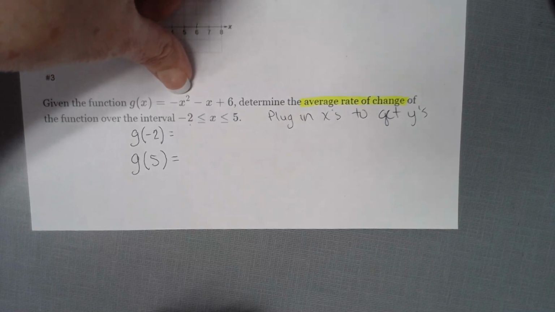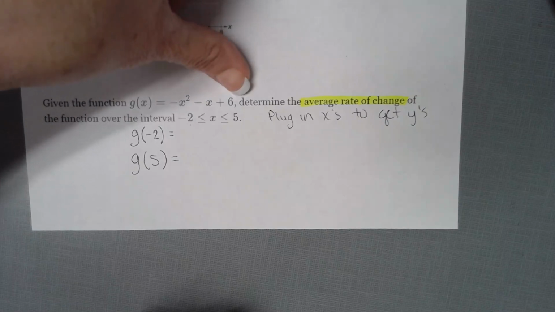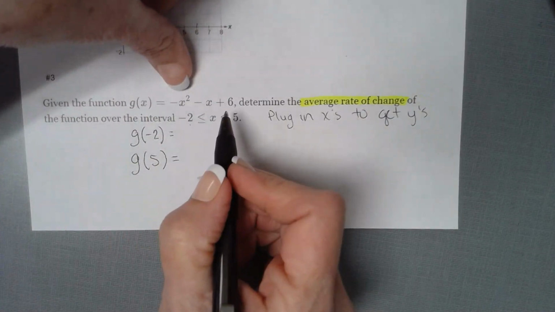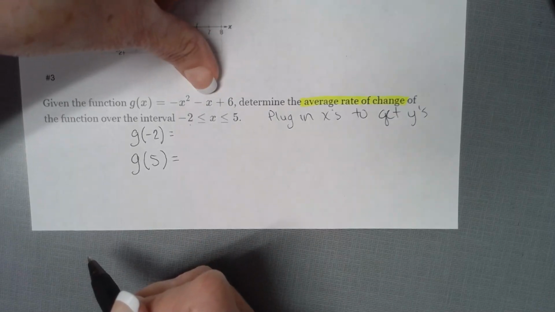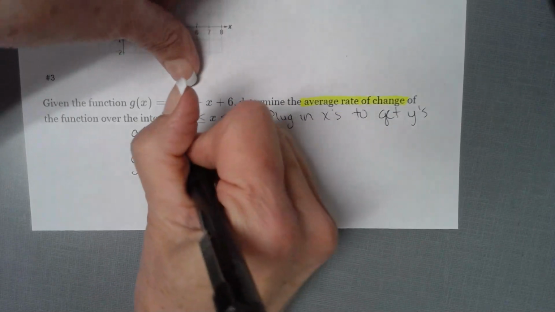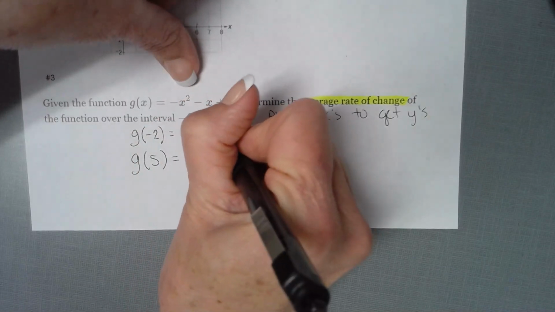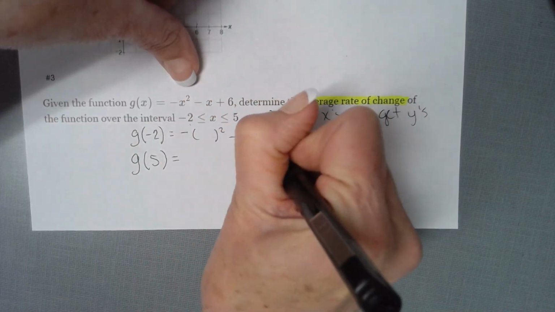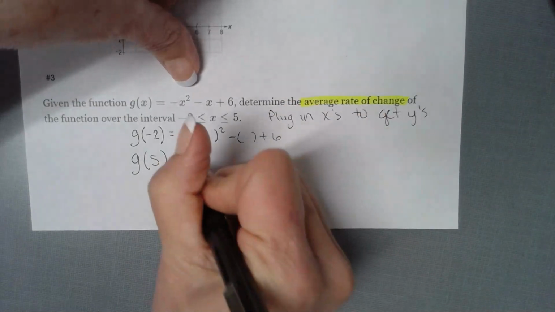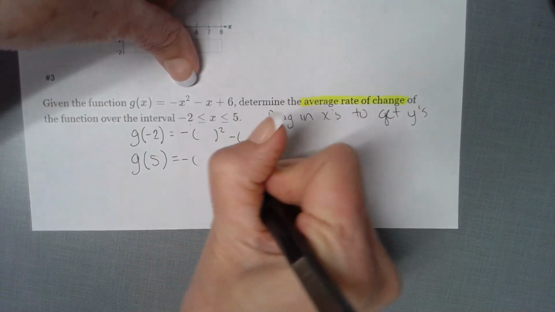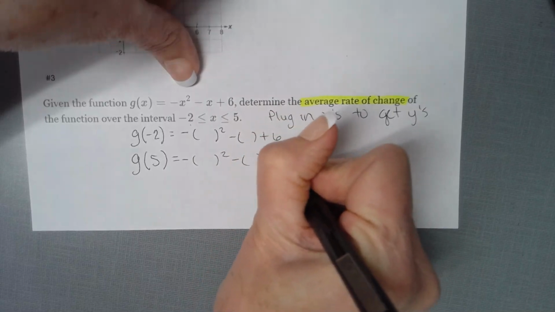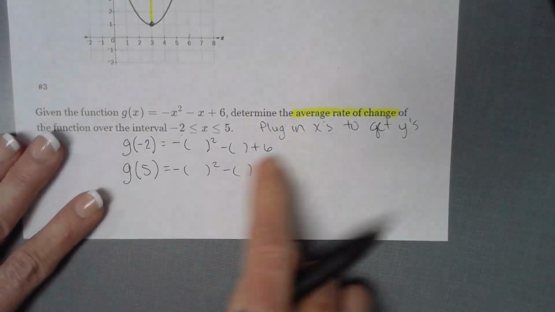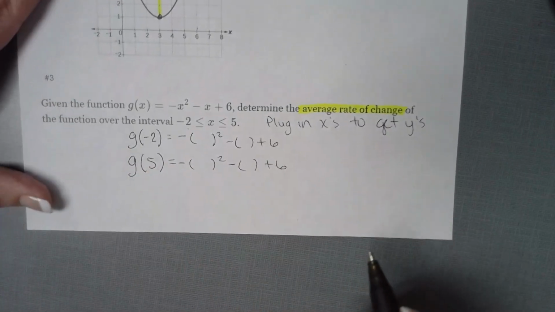Negative blank squared minus blank plus 6. So I'm going to do my setup. Negative blank squared minus blank plus 6. So on this first line, what do I plug into the blanks?